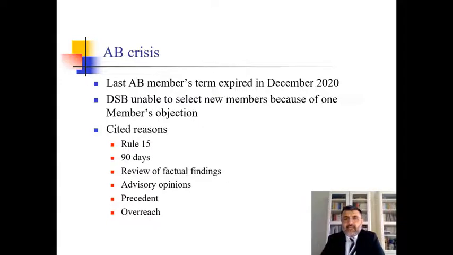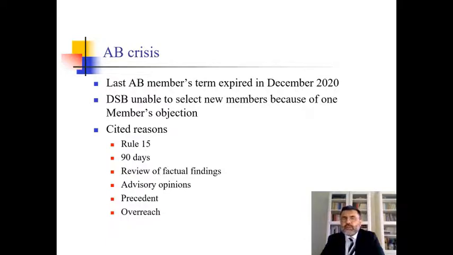Why? Because appeal is limited to issues of law and legal interpretations developed by panels. The WTO appellate body cannot review the factual findings made by panels. But the US argues that it did this, and this is a problem.